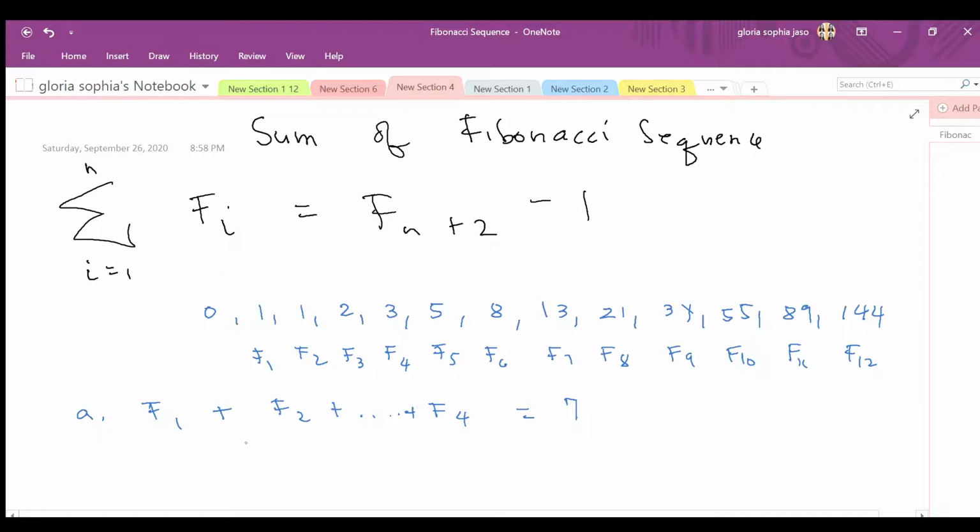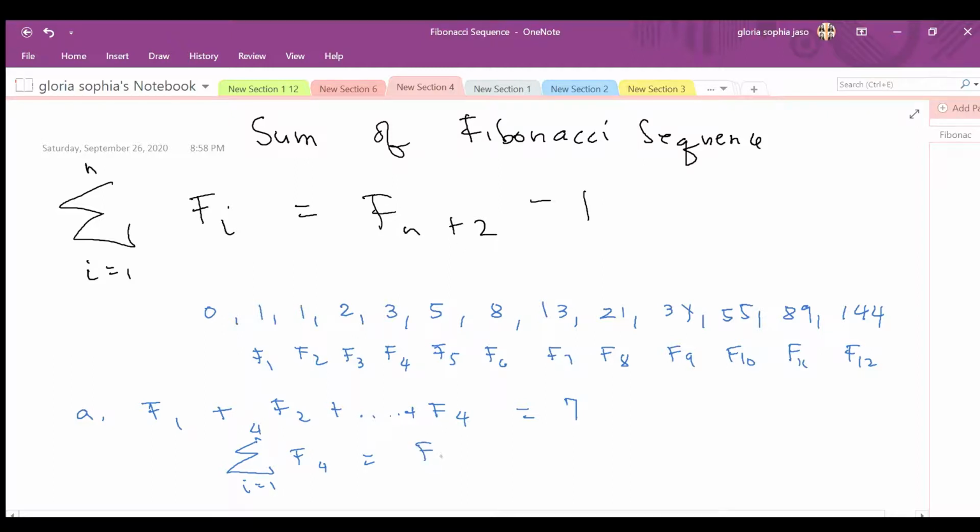So let's validate the formula if we will get 7. If we'll get the sum of f sub 1 plus f sub 2 plus f sub 3 plus f sub 4. So let's use the formula for the sum from 1 to 4. So the formula is f sub n plus 2 minus 1.